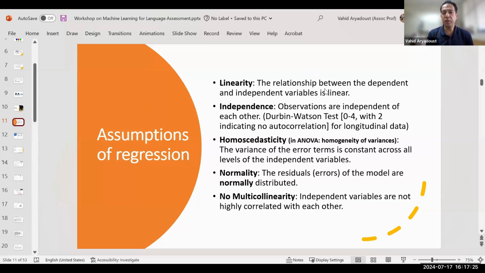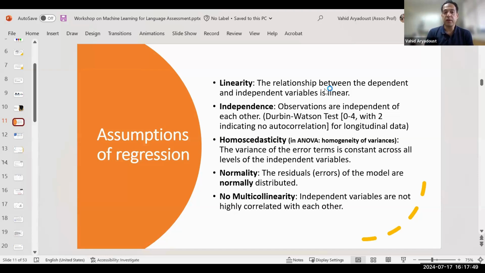In repeated measures ANOVA, the analogous assumption is the assumption of sphericity, if you recall. So for multiple linear regression, homoscedasticity refers to the following. The variance of the error terms is constant across all levels of the independent variables. And how do we know that? There are different ways of testing for this, and I will show you how to do that in the next slides.